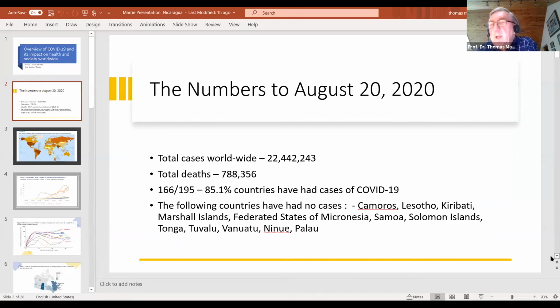So worldwide, 22.5 million cases and rapidly increasing, with 788,000 deaths. An important number to note is that 85% of the countries worldwide have reported cases of COVID-19.